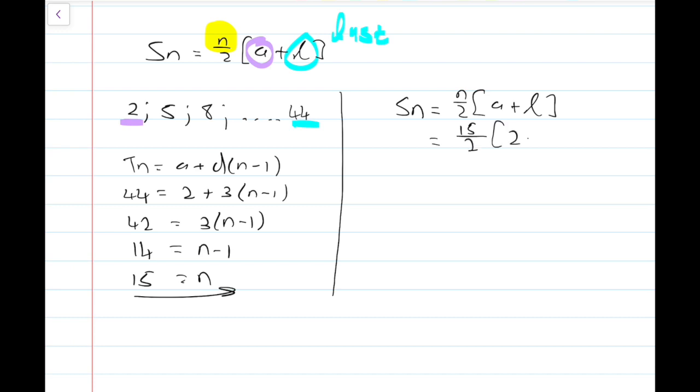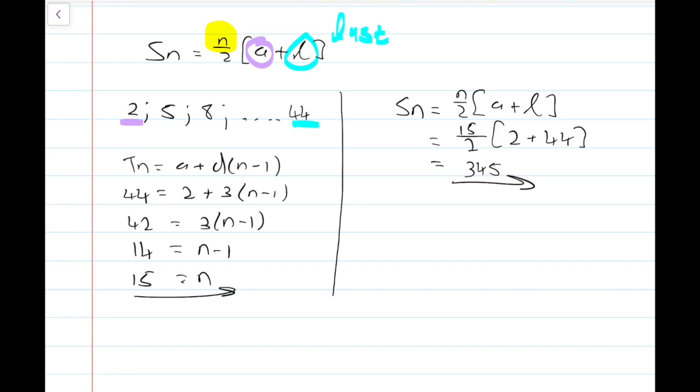Our a value is 2. And our last term is 44. We put this whole thing in our calculator and we're done. So 15 over 2 into basically 46, but we'll put it as 2 plus 44. And that's 345. There we go. So the sum of the first 15 terms is 345.